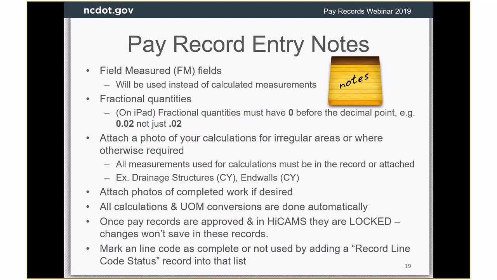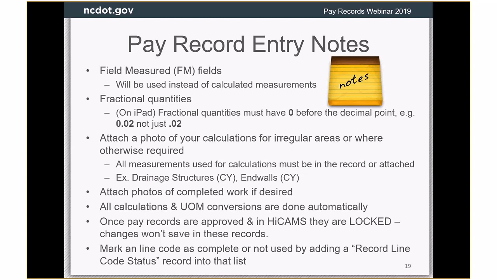Okay, some general notes about pay record entries. We offer field measured fields in a few places, particularly where there are the opportunity for irregular shapes. It'll say on the information pop-up what that field measured field is going to replace. In general, that would replace us doing some calculation.